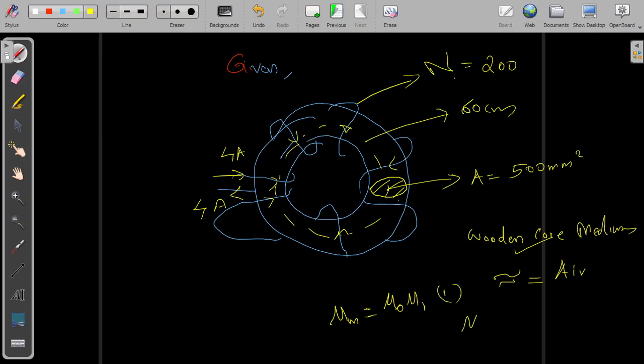So mu m is equal to 1 into mu 0, that is 4 pi into 10 power minus 7. In place of mu m you substitute this value.